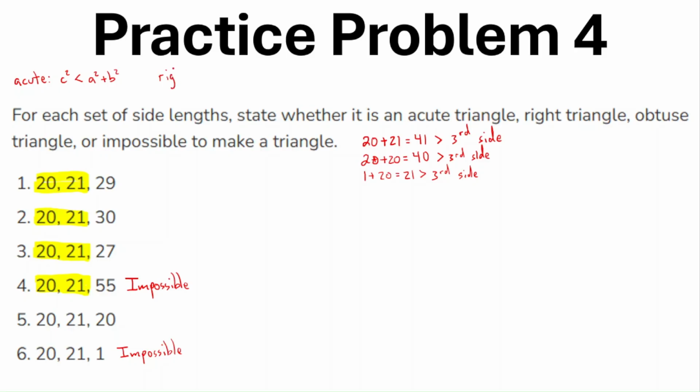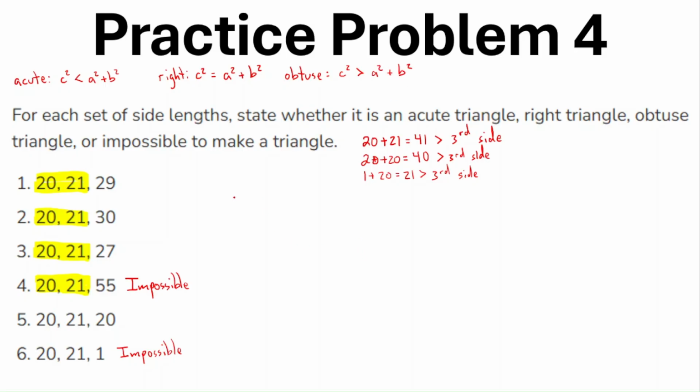It will be a right triangle if c squared equals a squared plus b squared. And it will be obtuse if c squared is greater than a squared plus b squared.